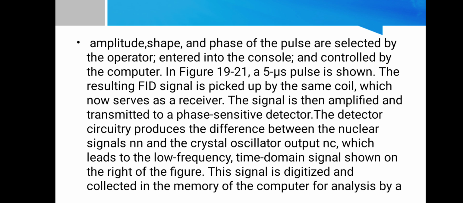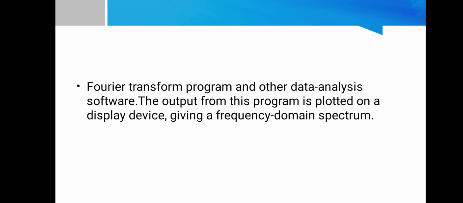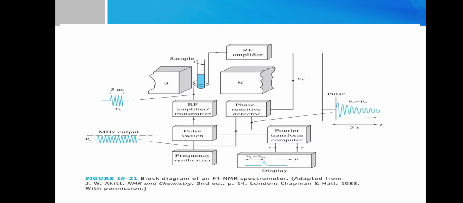The detector circuit reproduces the difference between the nuclear signal νN and the crystal oscillator output νC, which leads to the low-frequency time-domain signal shown on the right of the figure. This signal is digitized and collected in the memory of the computer for analysis by a Fourier transform program and other data analysis software. The output from this program is plotted on a display device, giving a frequency domain spectrum. So this is the overall block diagram of an FT NMR spectrometer.